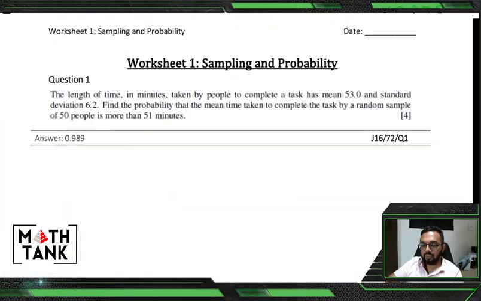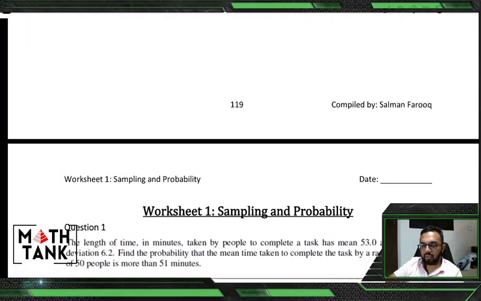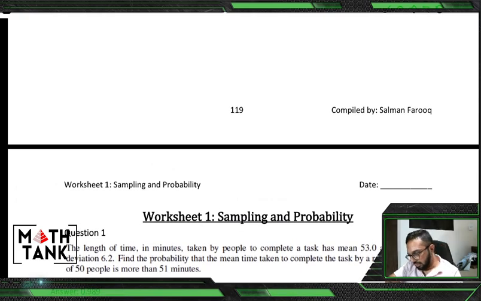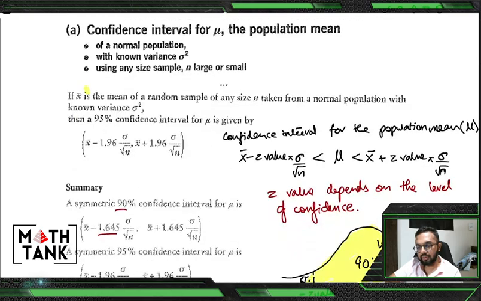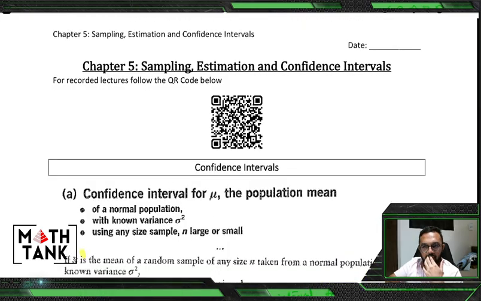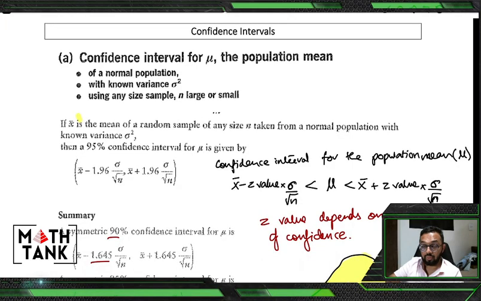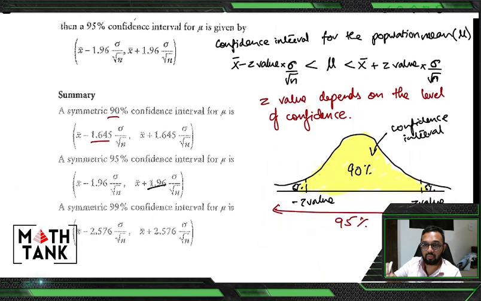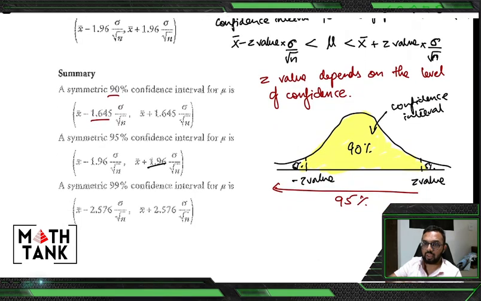Then the second part of this topic, since I've separated this, is about confidence intervals. Now, confidence intervals is something that you've already seen. You need to remember the formulas, you need to remember the probabilities, remember that confidence intervals are symmetric. Therefore, if I tell you 90% confidence interval, then from the normal distribution table, you're going to read a probability for 95%.